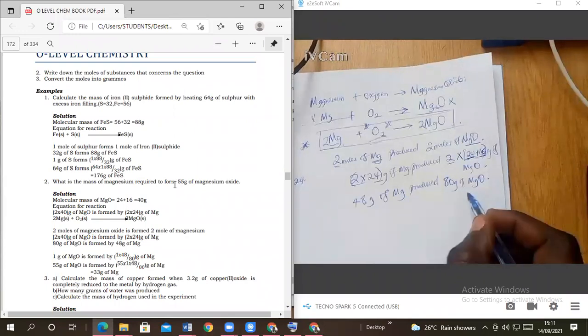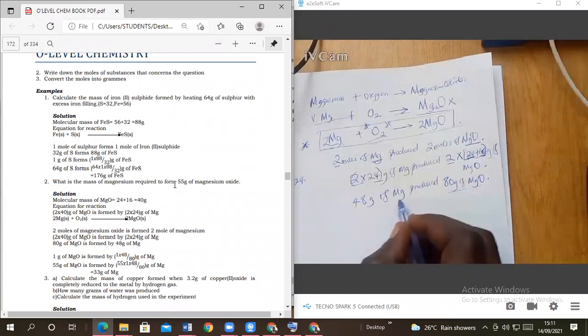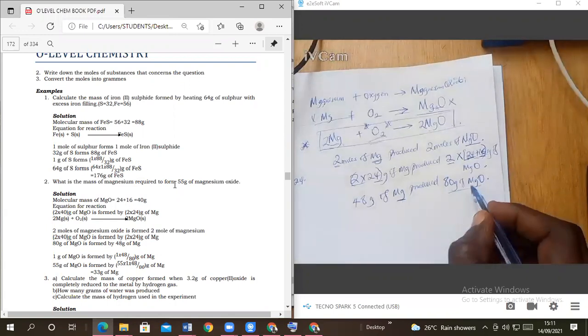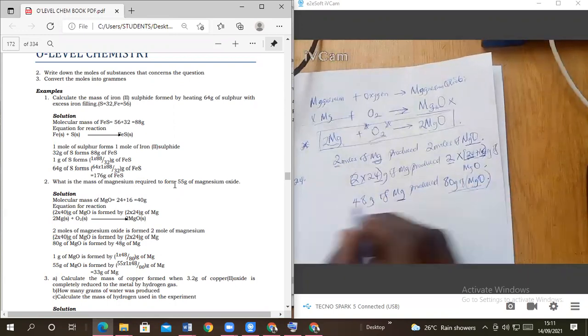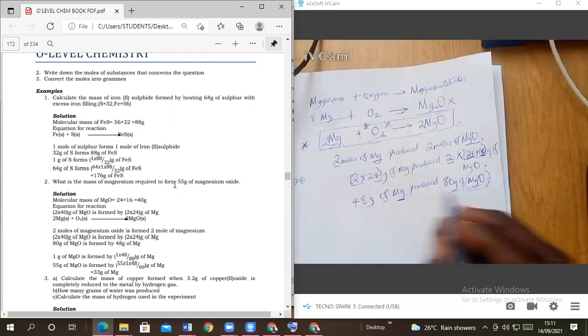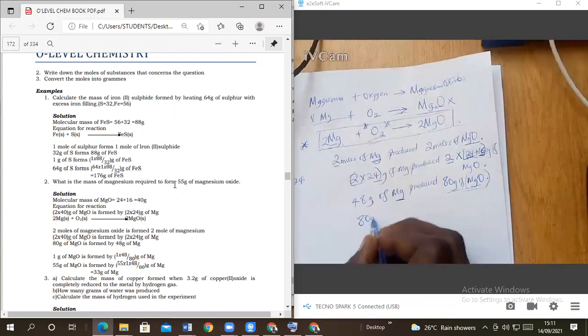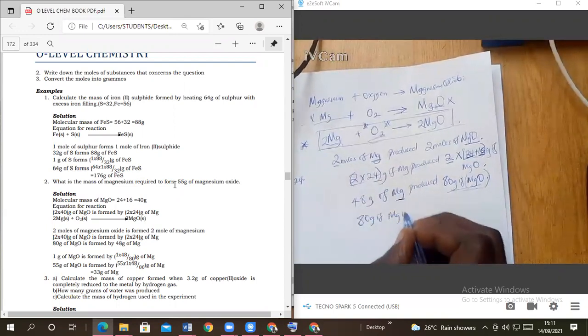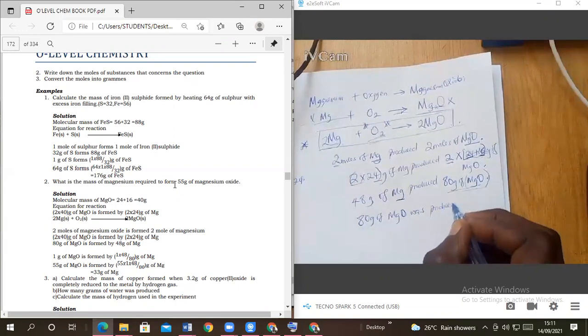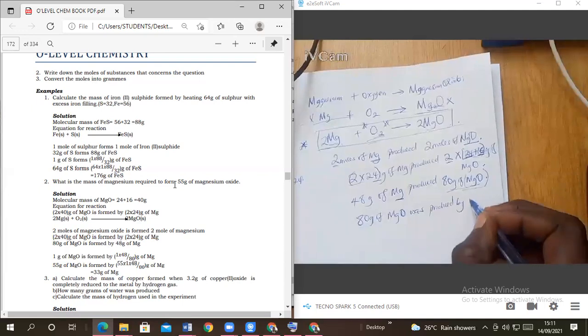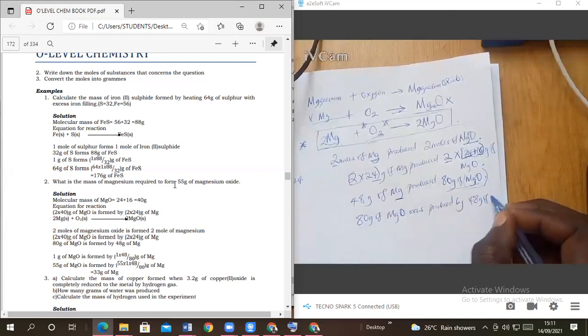Now at this stage, they want the mass of what? Magnesium, not the one of magnesium oxide. They have given us magnesium oxide. So you rewrite this equation starting with magnesium oxide. Okay? You say 80 grams of magnesium oxide was produced by 48 grams of magnesium.